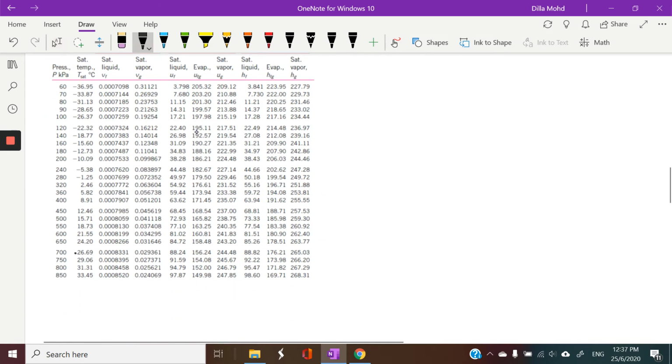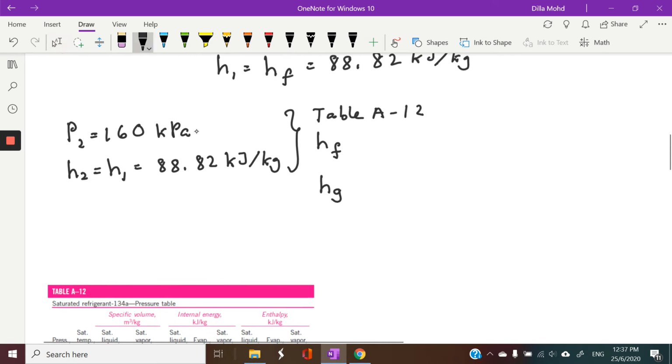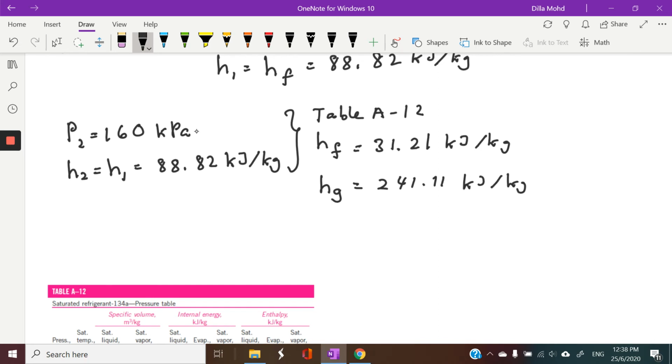When we look at 160, we see that this is our hf and this is our hg. hf equals 31.21 kilojoule per kg and hg equals 241.11 kilojoule per kg.